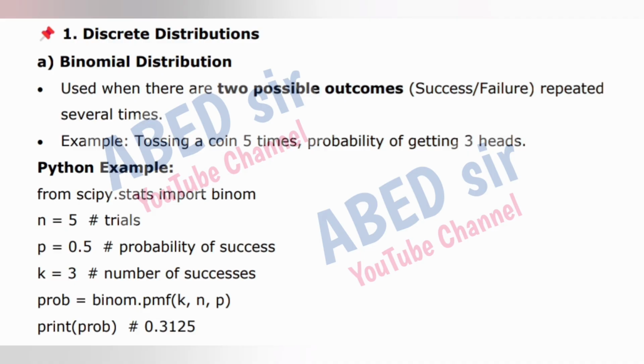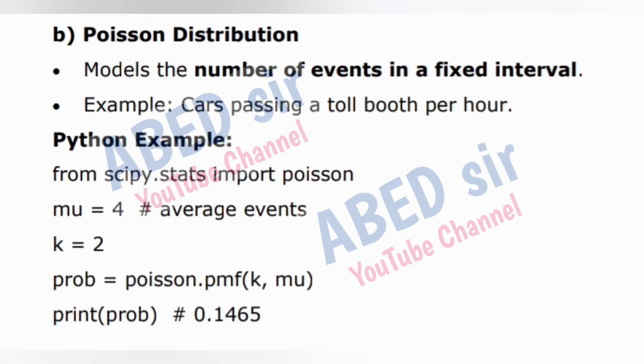Python example. from scipy.stats import binom. n = 5 # trials. p = 0.5 # probability of success. k = 3 # number of successes. prob = binom.pmf(k, n, p). print(prob) # 0.3125.